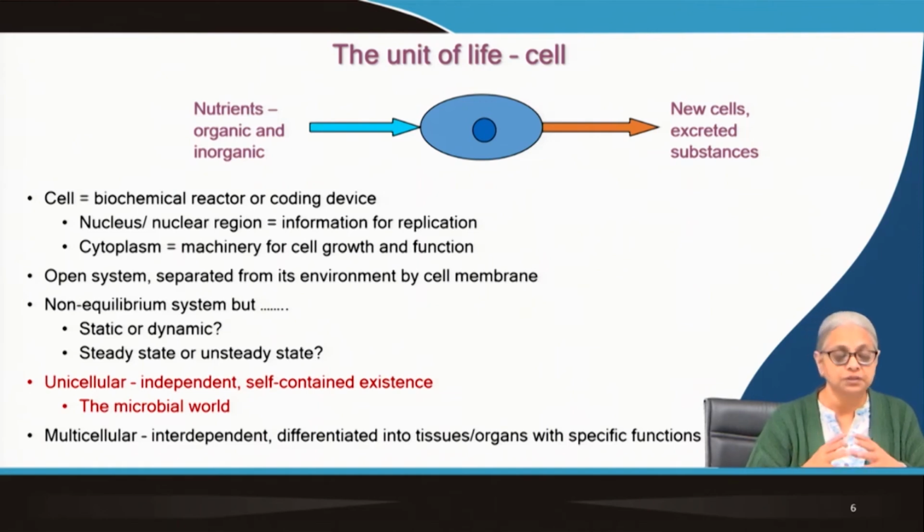Every cell in our body is differentiated and has specific functions, and is interdependent on other cells, tissues and organs within the body, because we are multicellular organisms, not microorganisms. So we're not going to go there. We are going to restrict ourselves to unicellular microorganisms.